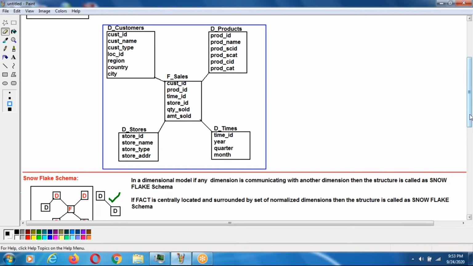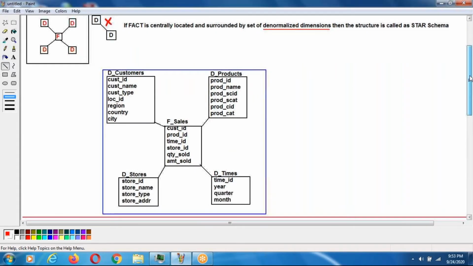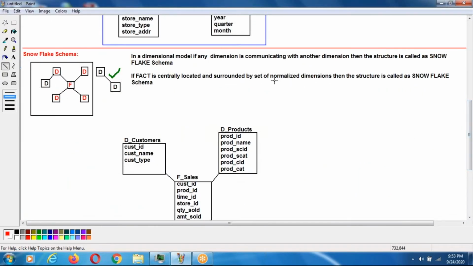This is the previous content, with denormalized dimensions. This is a star schema. When it comes to the snowflake schema, we say it is normalized dimensions.